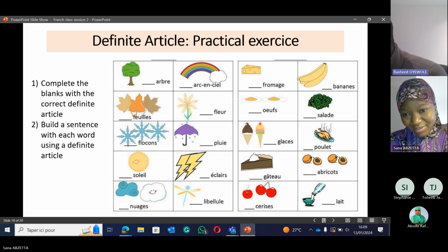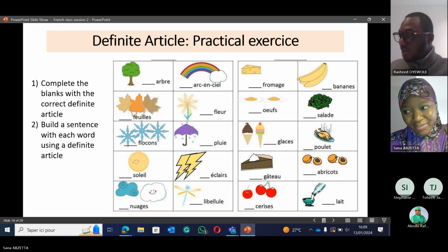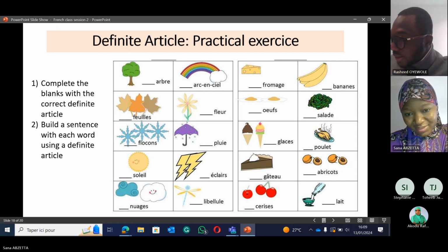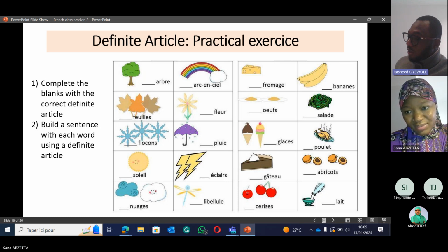Then le soleil. Le soleil. Les glaces. Le poulet. Les éclats. No, l'éclat. Oh, sorry.